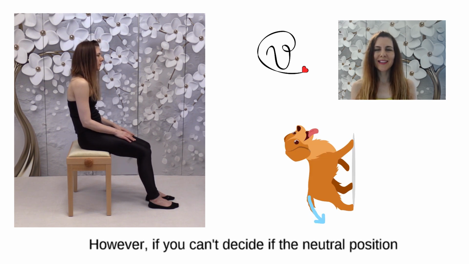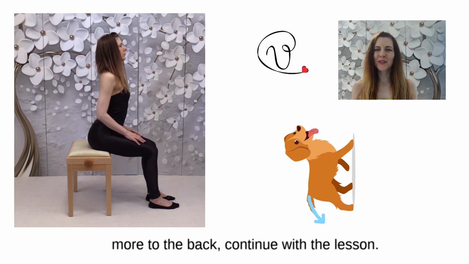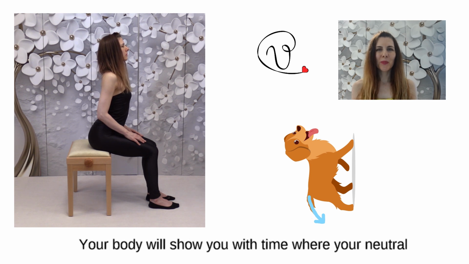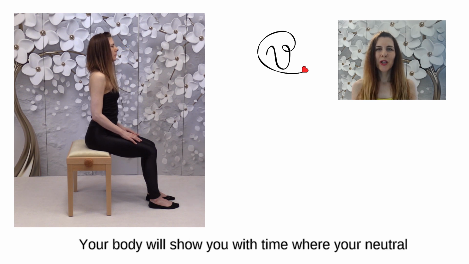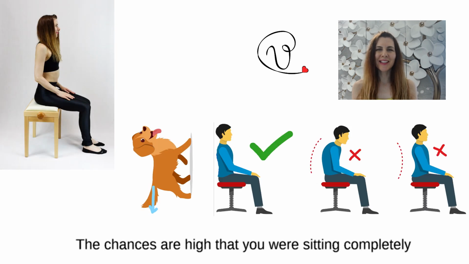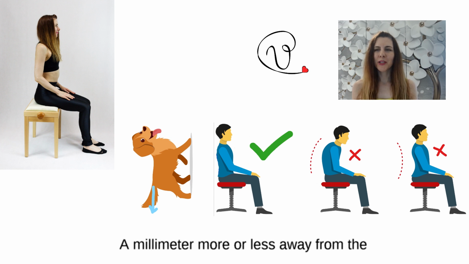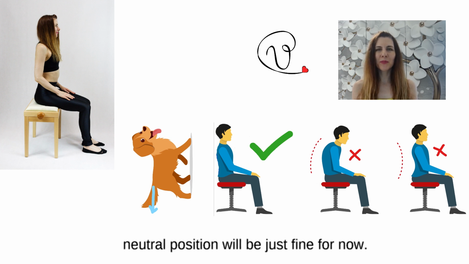However, if you can't decide if the neutral position is 1 millimeter more to the front or 1 millimeter more to the back, continue with the lesson. Your body will show you with time where your neutral position lies. The chances are high that you are sitting completely out of the neutral position up till now. A millimeter more or less away from the neutral position will be just fine for now.